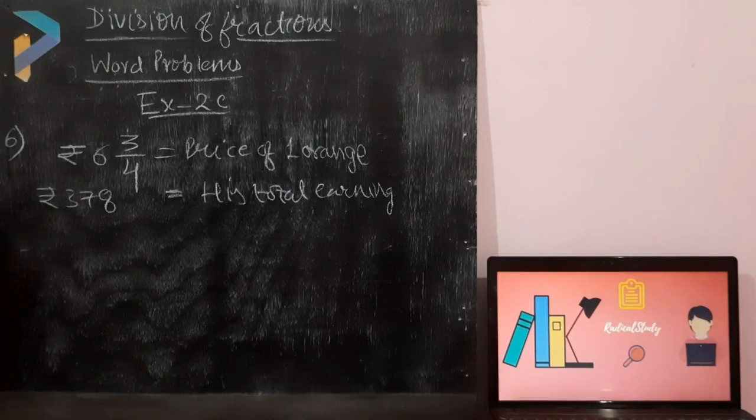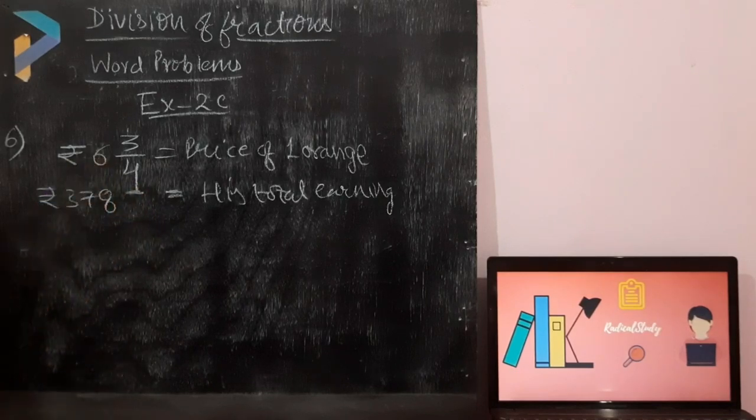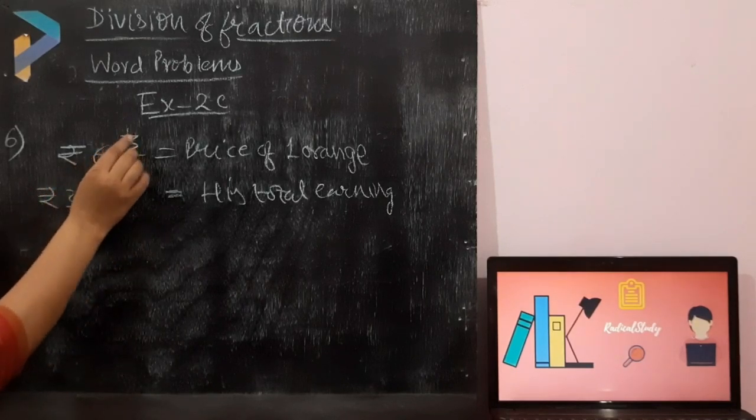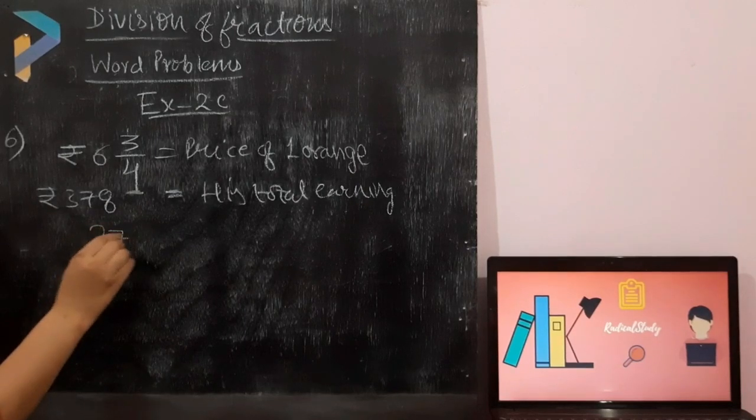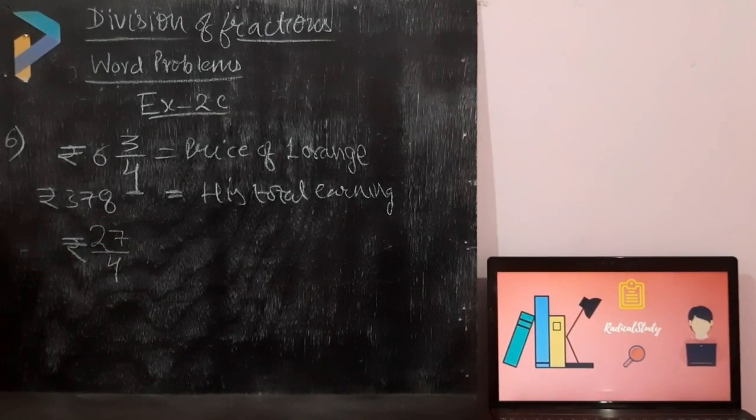Now, we have to find out how many oranges he has sold by earning this much. As I told you, firstly we have to convert it into an improper fraction. 4 sixes are 24, 24 plus 3 is 27/4. So the price of one orange is rupees 27/4.